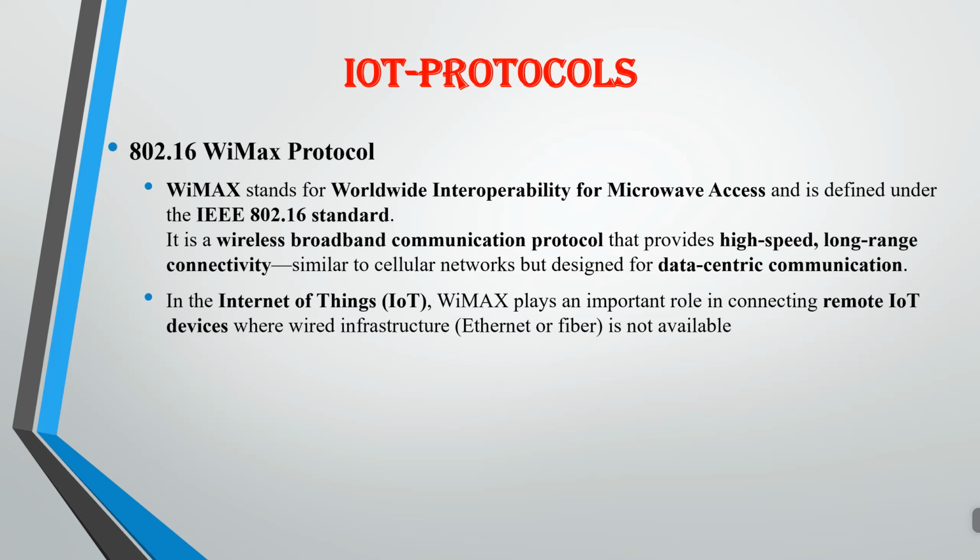So WiMAX plays an important role in connecting remote IoT devices where wired infrastructure is not available. In places with data centers, where you want to access the data, you can use IoT with the 802.16 protocol, which is called the WiMAX protocol.